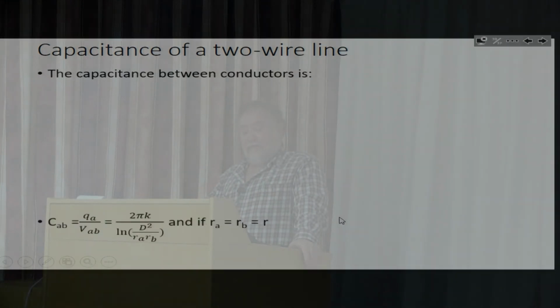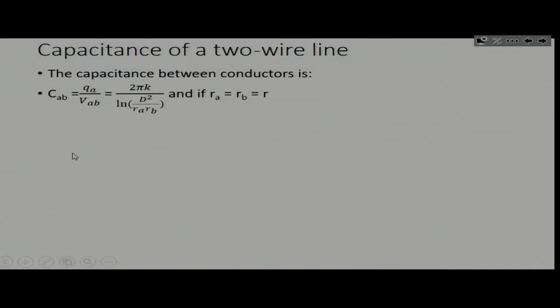Capacitance CAB is QA over VAB, and we substitute the values, and then we get 2 pi k over ln D squared over RA times RB. And if RA is equal to RB is equal to R, then CAB is 2 pi k over ln D over R.